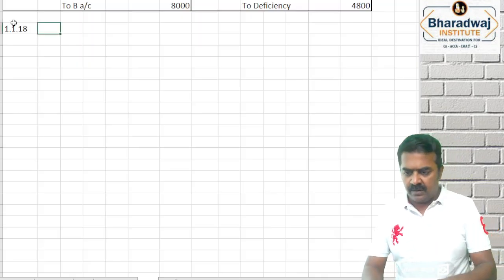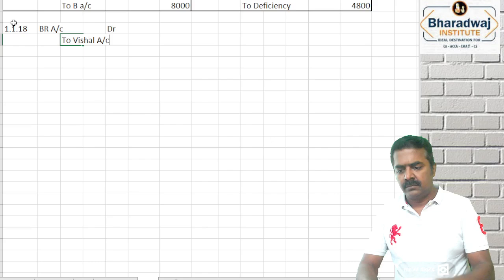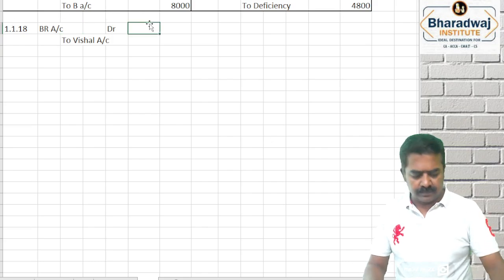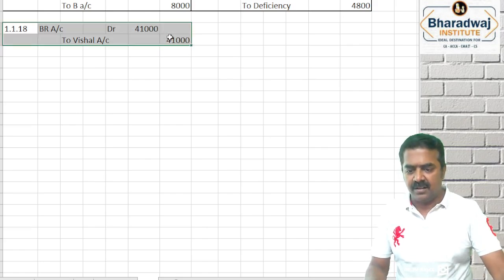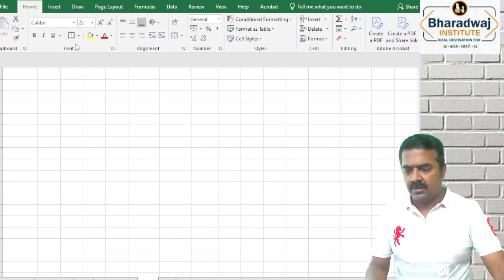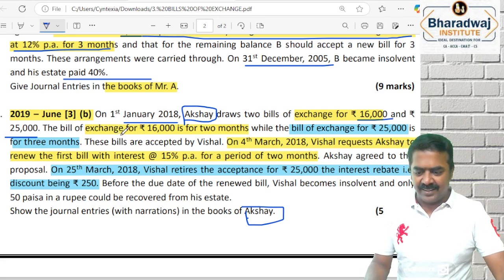Vishal. Bills receivable account debit to Vishal account. What is the total amount? 41,000. Separate entries can be passed, or if passed separately, okay, but not required.